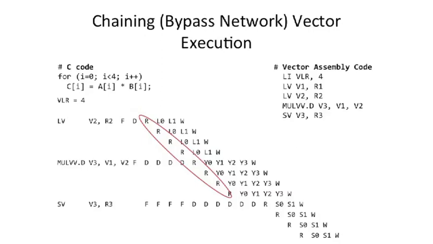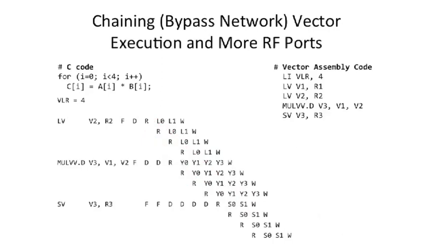So if you have 2 input operands and 1 output operand per pipeline, you're probably going to add 2 read ports and 1 write port to your register file per pipeline. And this actually lets things execute faster. So now we have bypassing, and we have more register file bandwidth, so more ports to our vector register file.